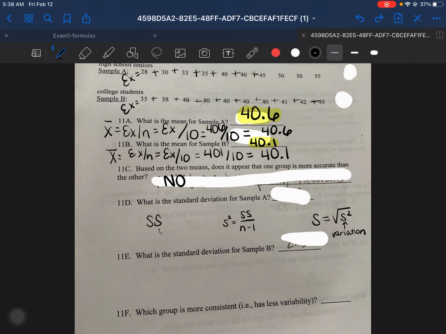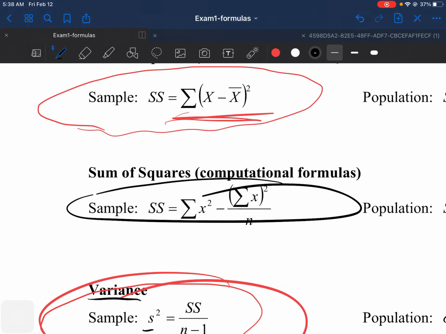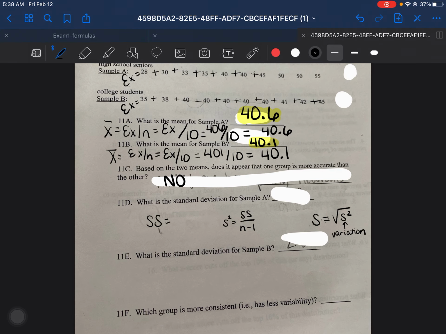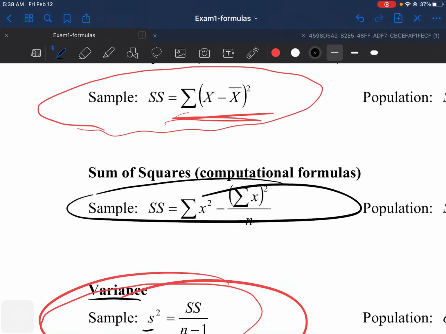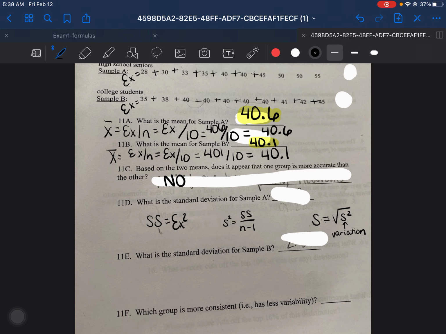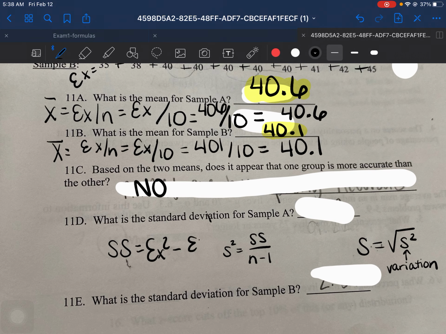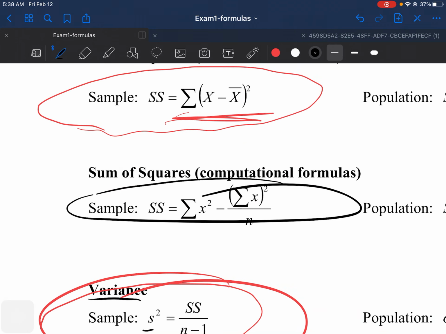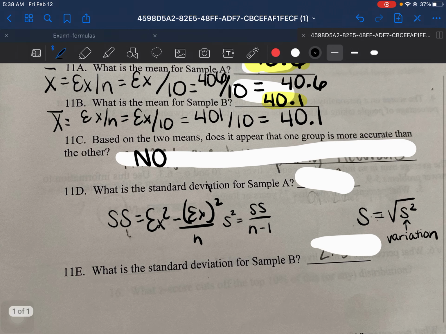So sum of squares equals sigma x squared minus sum of x squared over n.